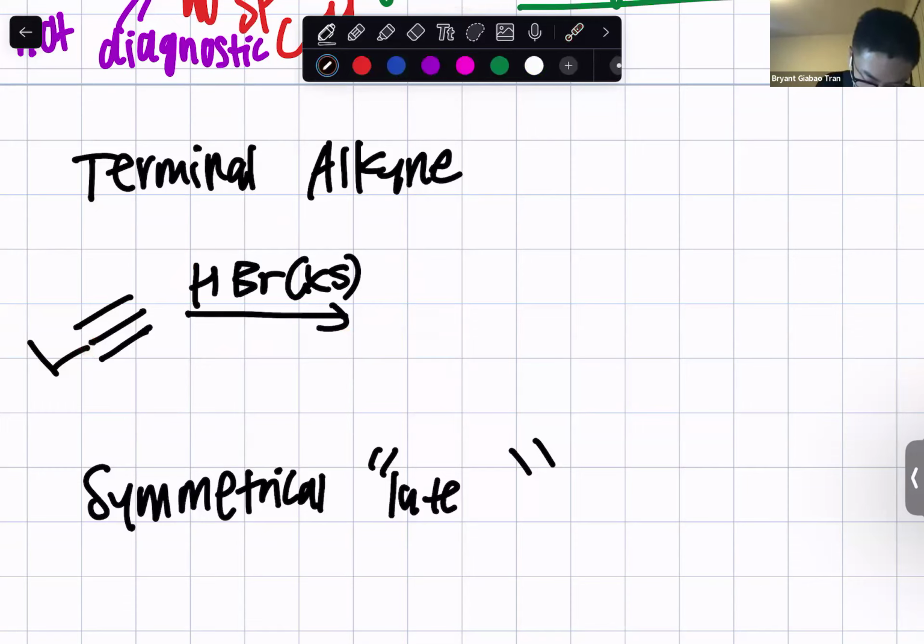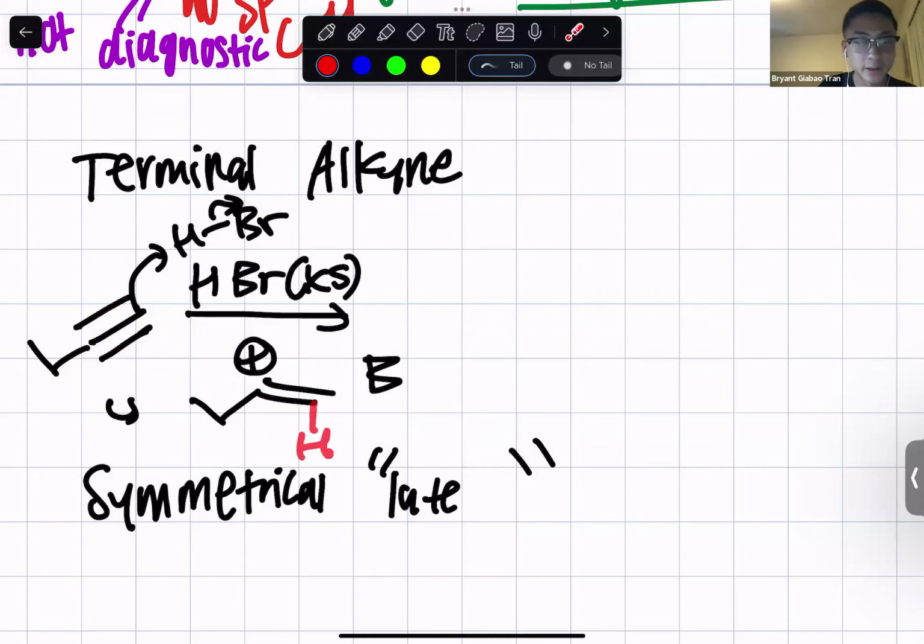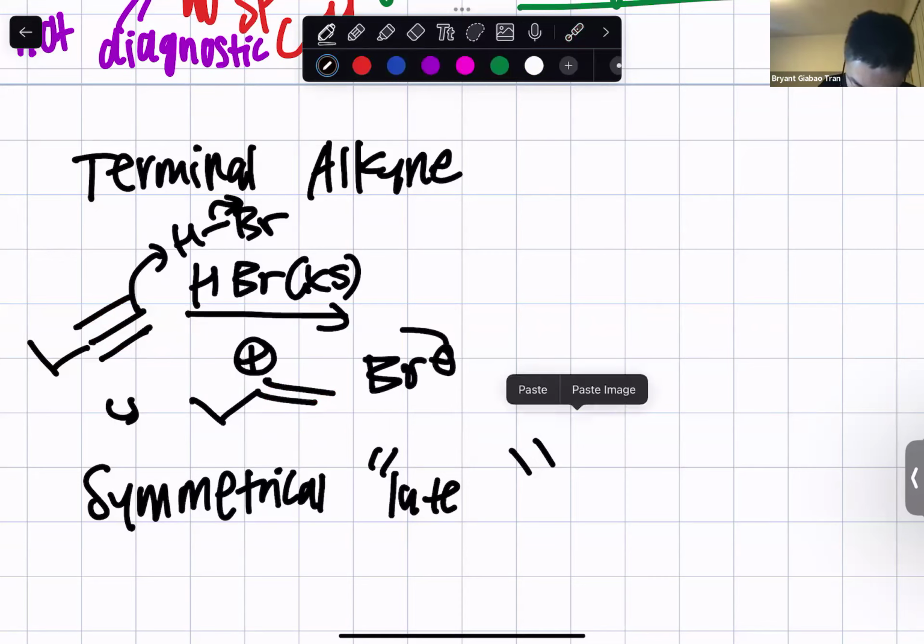That means the less substituted position is going to grab the H, kick out the Br, and form this carbocation right here. This triple bond now becomes a double bond because it used one of its bonds to create that bond with the hydrogen on the left side. Now, the Br minus that got kicked out is going to come back and attack that positive charge.